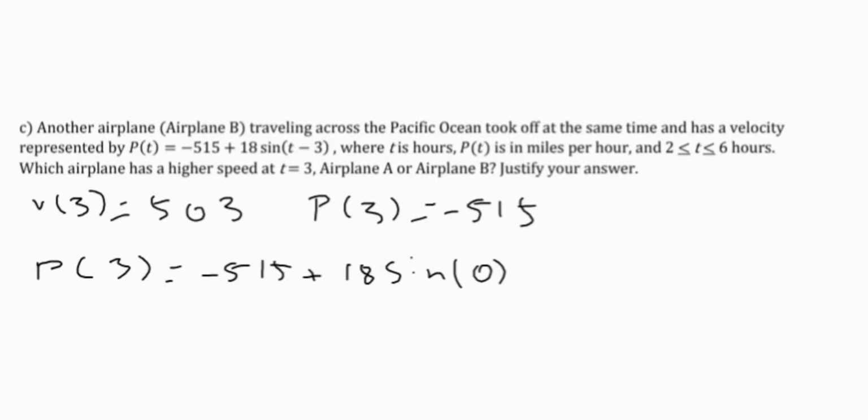And the speed of this point means we take the absolute value, because velocity could be negative, but speed always has to be positive. So the absolute value of that would just be 15. And 15 is a bigger number than 503, so airplane B has a higher speed at this point.